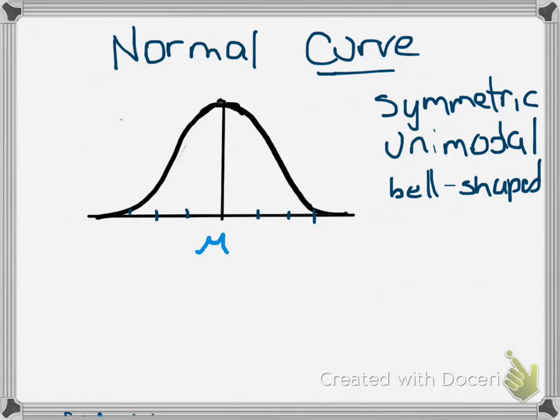So if we are one standard deviation above the mean, we're here. If we're 2, and if we're 3, go here. Going the opposite direction, -1, -2, and -3 standard deviations below the mean on the left-hand side.